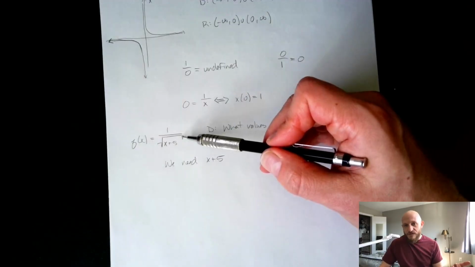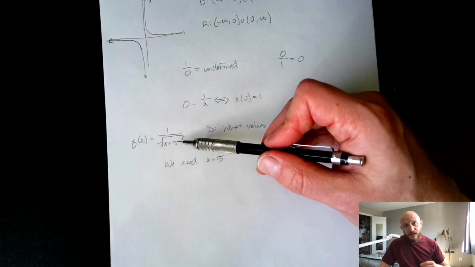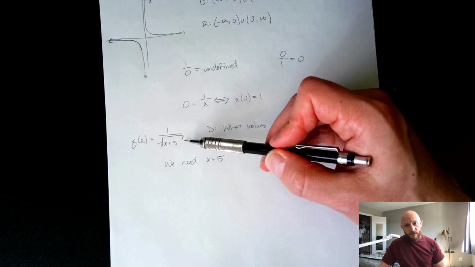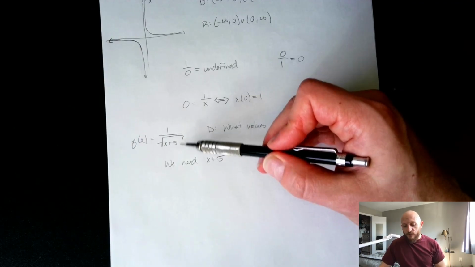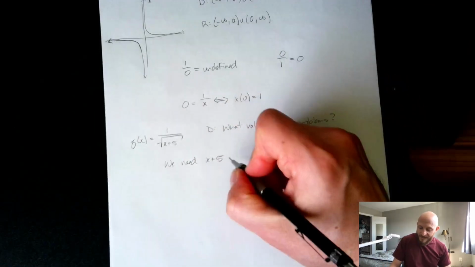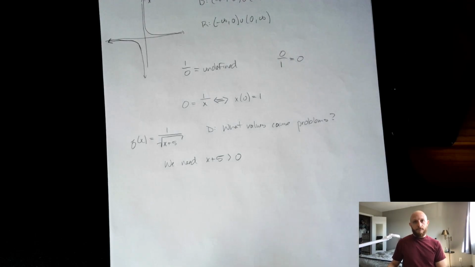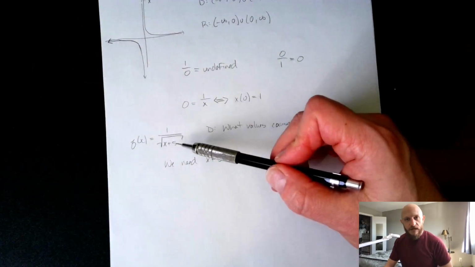But we also need to worry about x plus 5 being equal to 0, because then you have in the denominator the square root of 0, which is 0, and you'd end up with 1 over 0. So we need x plus 5 to be strictly greater than 0. That will give us all of the possible values that won't cause any problems.